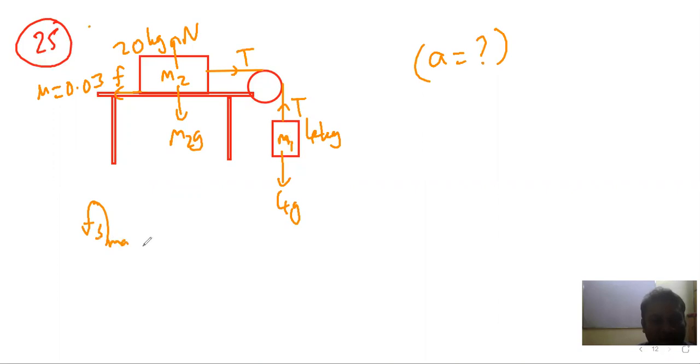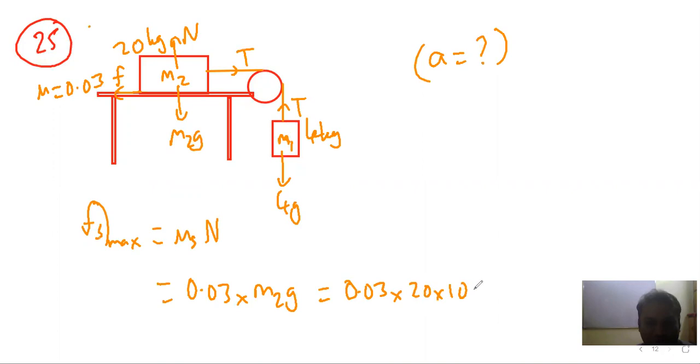The maximum value of static friction in this case is mu S into N. So mu S is 0.03 according to the question, into normal reaction M2g. M2 value is 20, so 0.03 into 20 into 10. So this comes out to be 6 Newton.